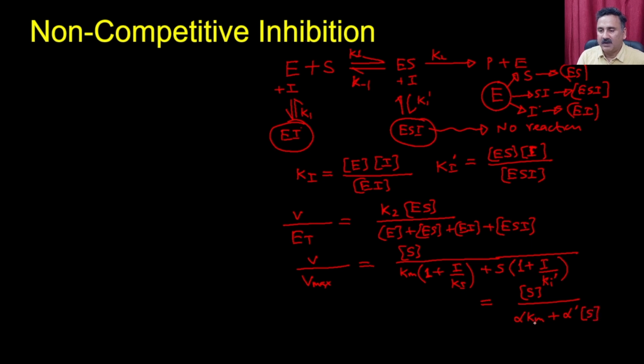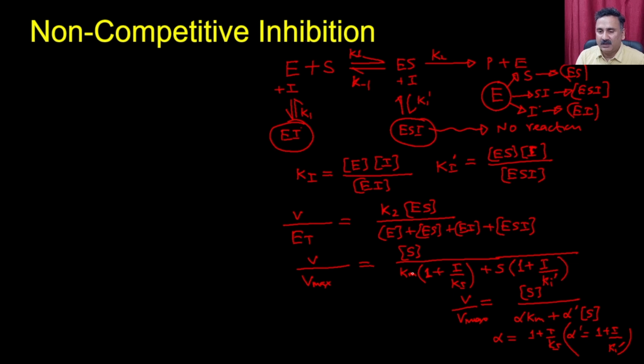So we don't get confused, alpha is equal to 1 plus I by Ki, and alpha prime is 1 plus I by Ki prime.